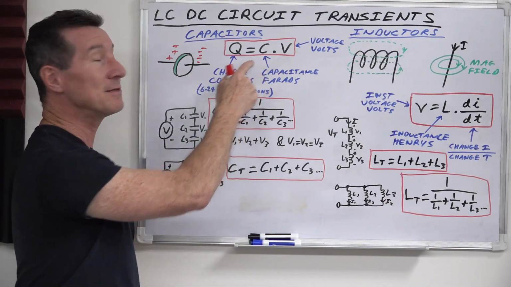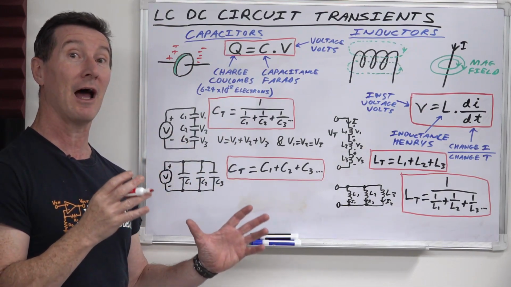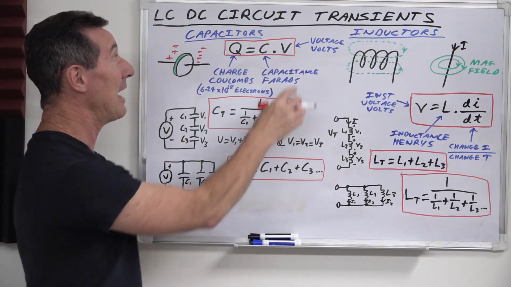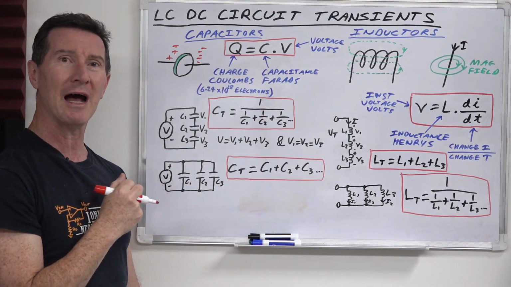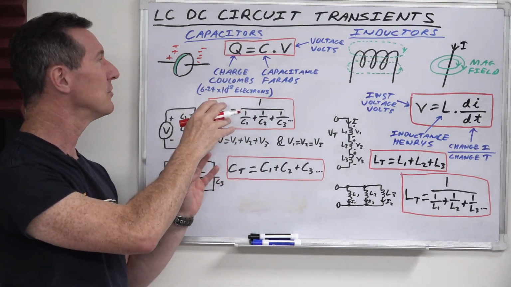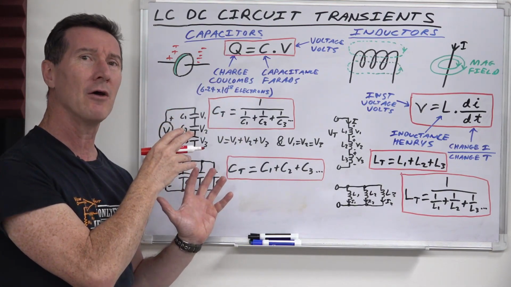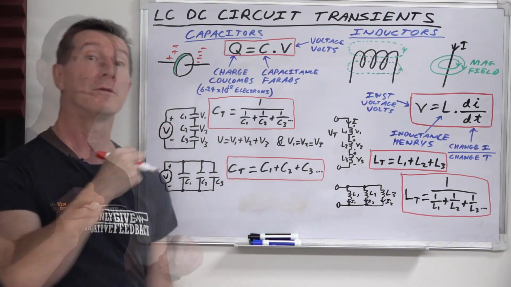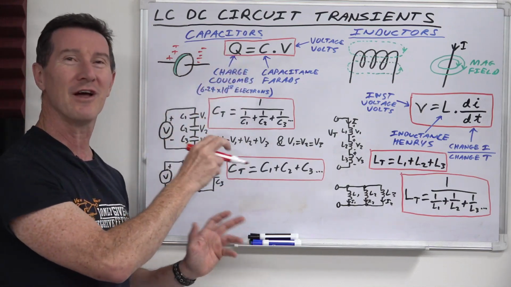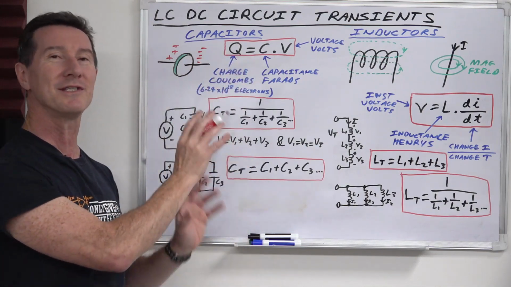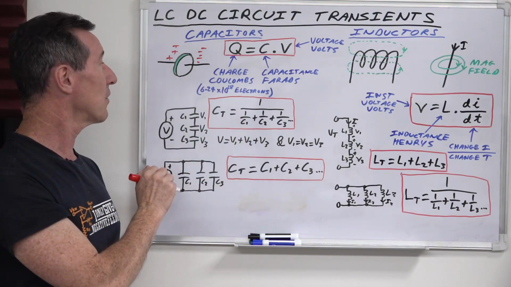Capacitance is measured in farads, and a farad is actually a lot of capacitance, and V, of course, is measured in volts. But that's your basic formula for charge. You don't often have to use this, but it's important to know. It's one of the fundamental equations. And of course, you can deep dive into the physics side of all this, but we won't do that. We're sticking to the practical electronics side of things.